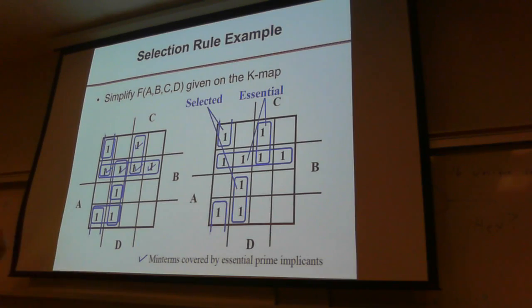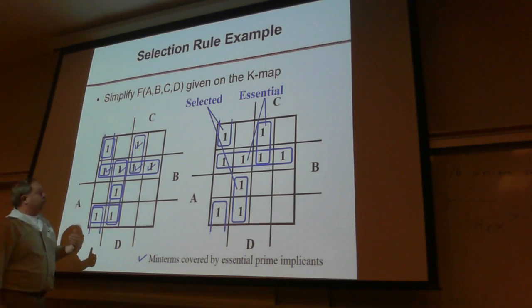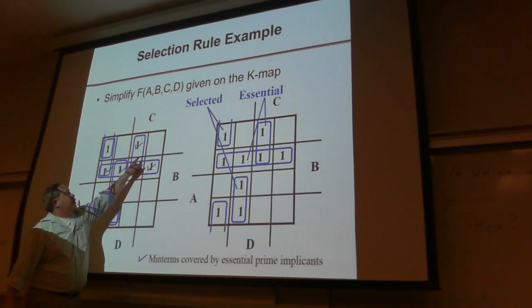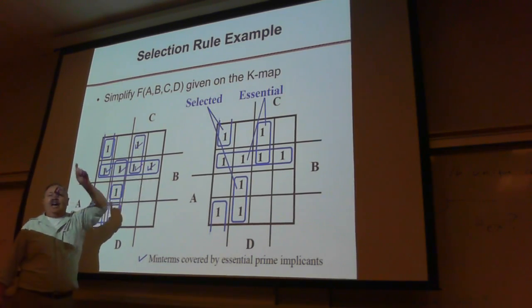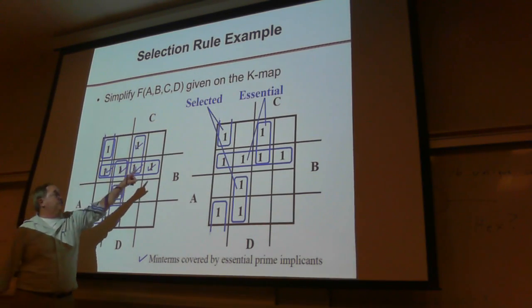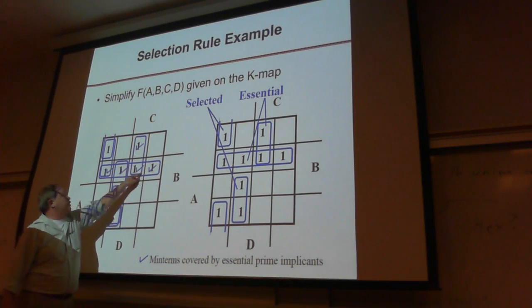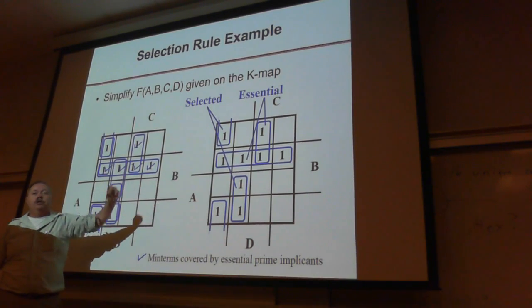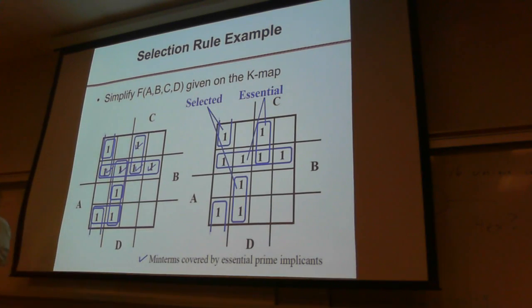And then I go through this thing about which ones are essentials. Well, there's only 2 of these that are in exactly one group. So those 2 groups, in this case this 4 and this 2, are my two essential prime implicants in this K-map.